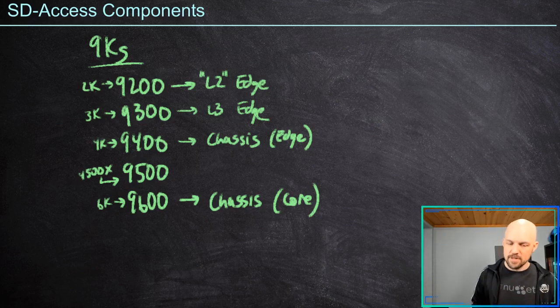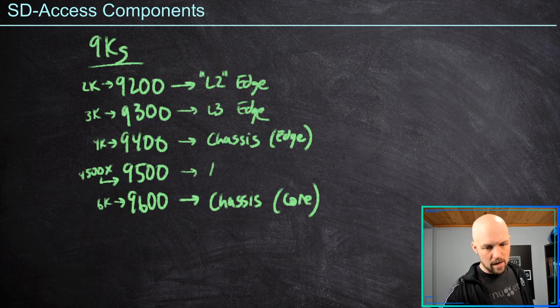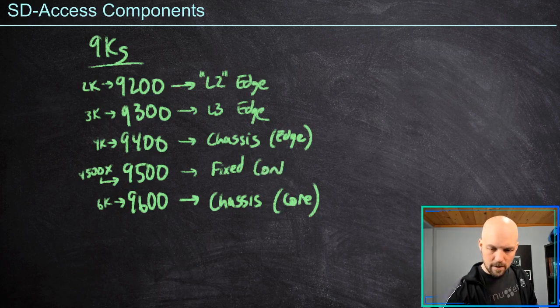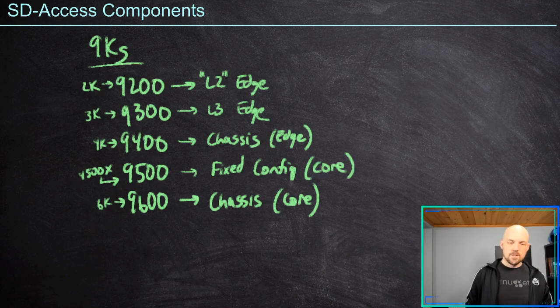That's the 9500s. That's what it's built for. I'm not necessarily locking it to one rack unit, because they might have two rack unit 9500s at some point if they don't already. Let's just call this fixed config, and then core switches. Okay. So that's the gist of the 9500 switching line.